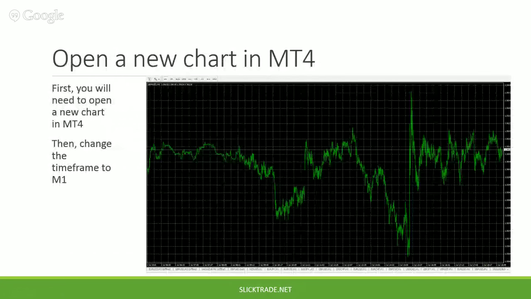So, to add the median Renkos to your chart, first you will need to open a new chart in MetaTrader 4, then change the time frame to M1. That means just a 1 minute time frame.